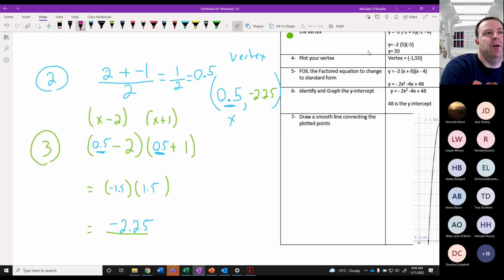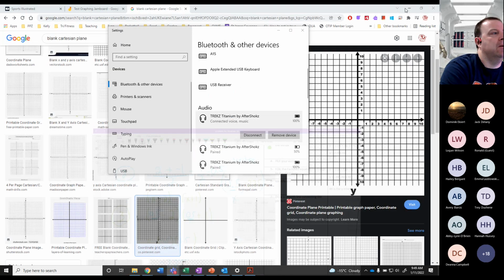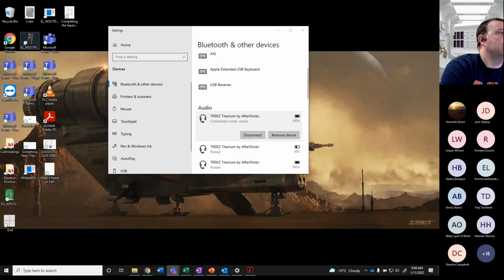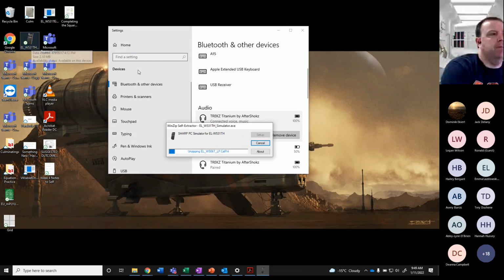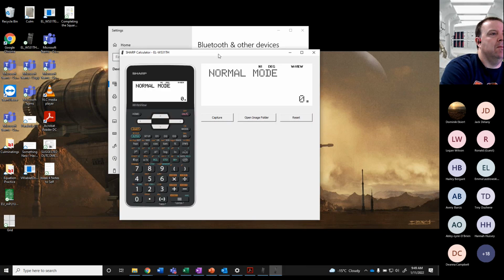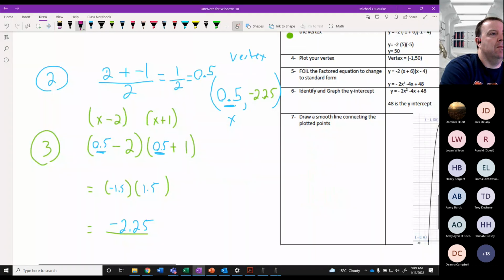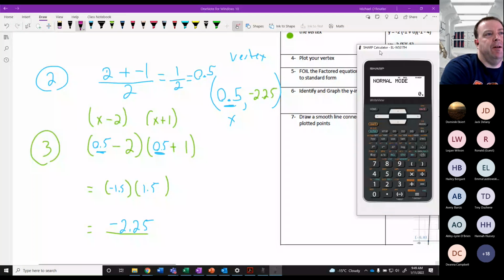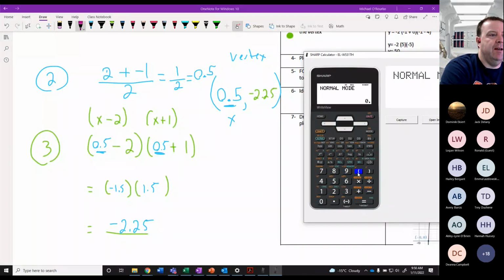Now, if you have a nice calculator, you could plug that into your calculator all at once. So bracket 0.5 minus 2, bracket, 0.5 plus 1. Now give us our same answer. Okay.